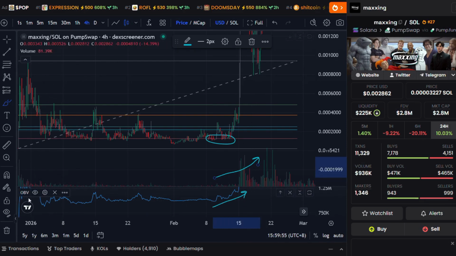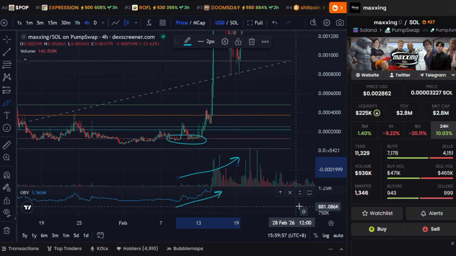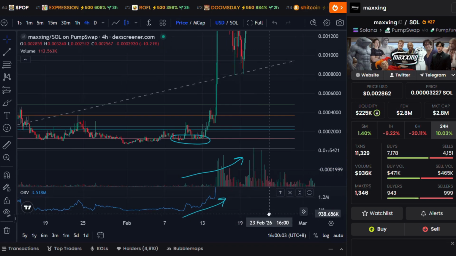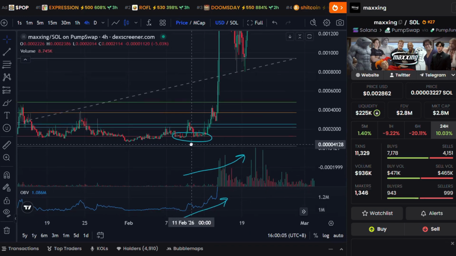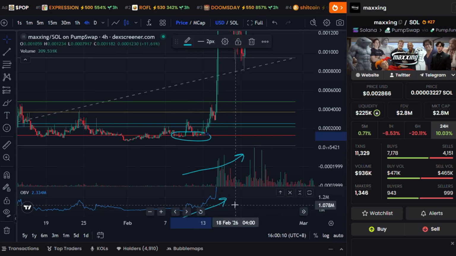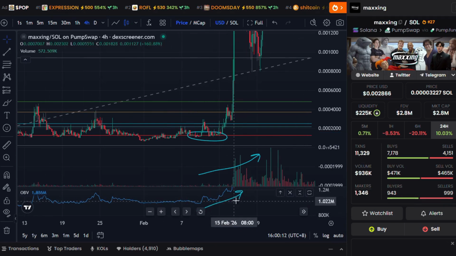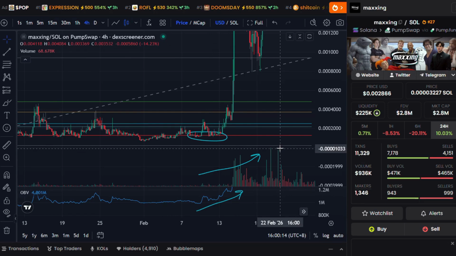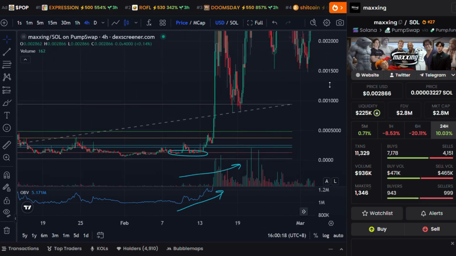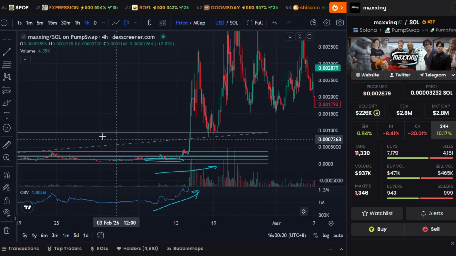When we look at the OBV during this reclaim phase, we begin seeing something important. Volume starts increasing. This tells us that real buyers are stepping back into the market. And when price reclaims a major Fibonacci level while OBV begins rising, that is a strong signal that accumulation may be taking place. This is often the beginning of a new expansion phase.